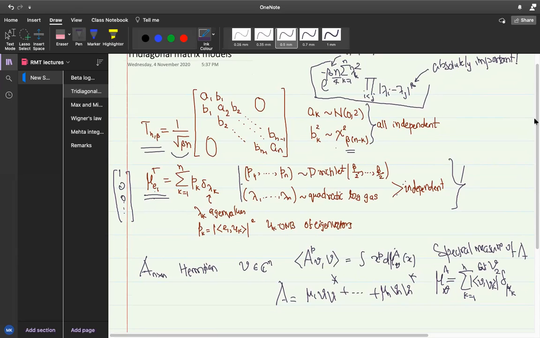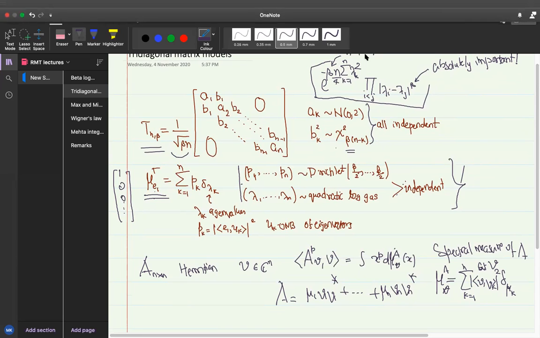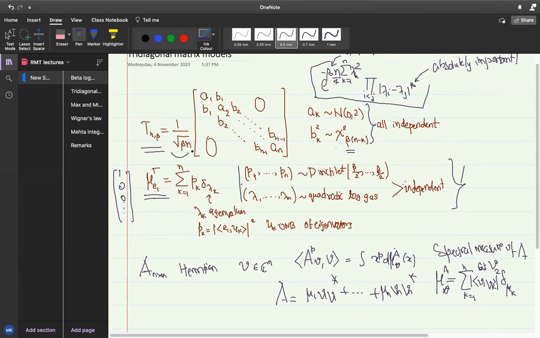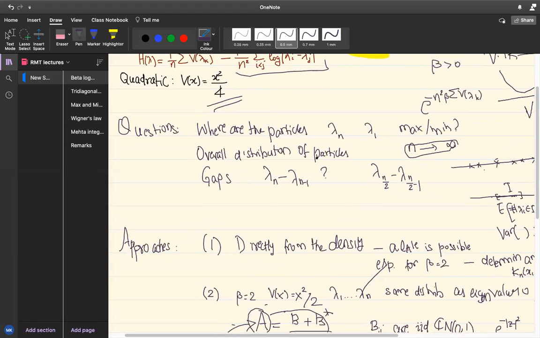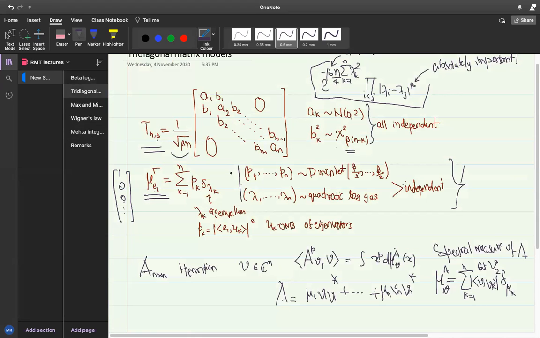I want to answer some of the questions that I outlined here, at a basic level. What is the distribution of the particles? Where is the maximum? Where is the minimum, etc.? Using this tridiagonal matrix. If there are no questions, then I go on, first show some uses, and then come back and address how this comes about, why this tridiagonal matrix gives us all this.